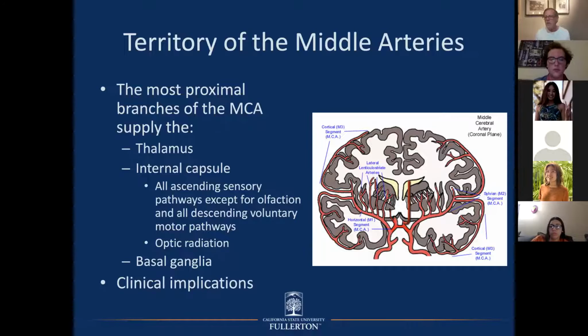It's very important to understand where it is, what it does, and how it gets its blood. As far as the MCA goes, those are the only branches off the MCA we actually know a name for, and as clinicians, we're fine with that.